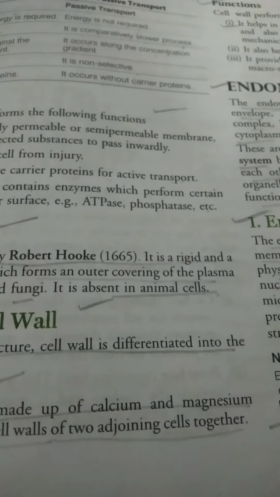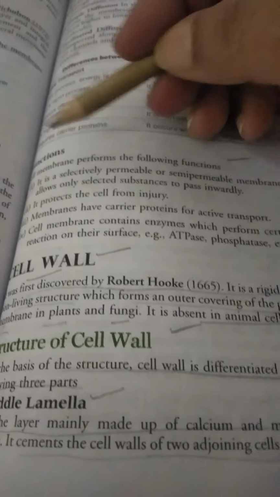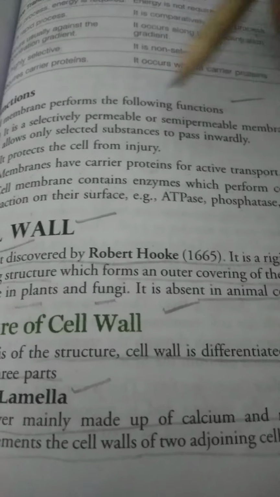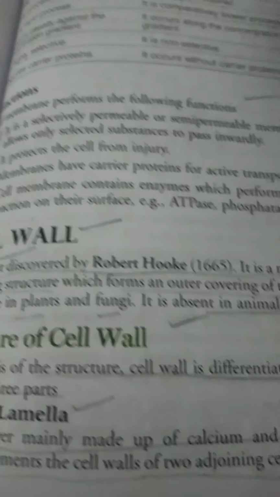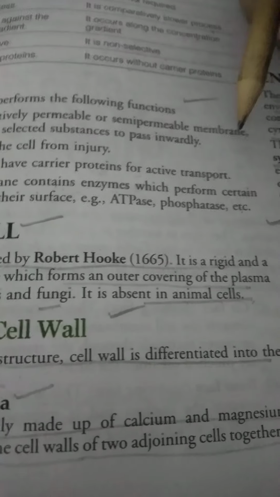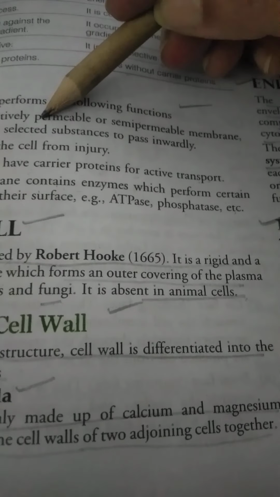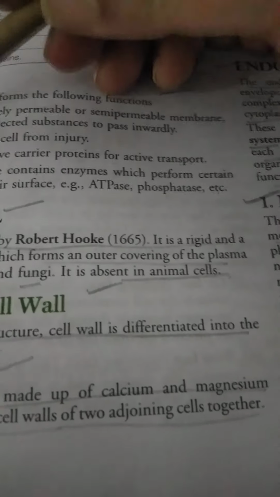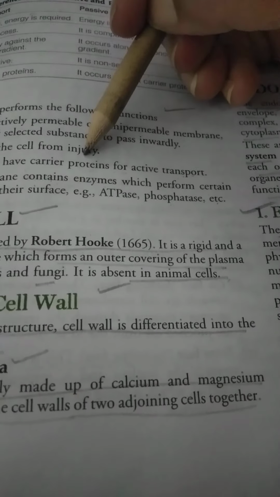Now, what are the functions of the cell membrane? Firstly, it is a selectively permeable or semi-permeable membrane, which means it allows only certain particles to pass through the membrane. It protects the cell from injury.